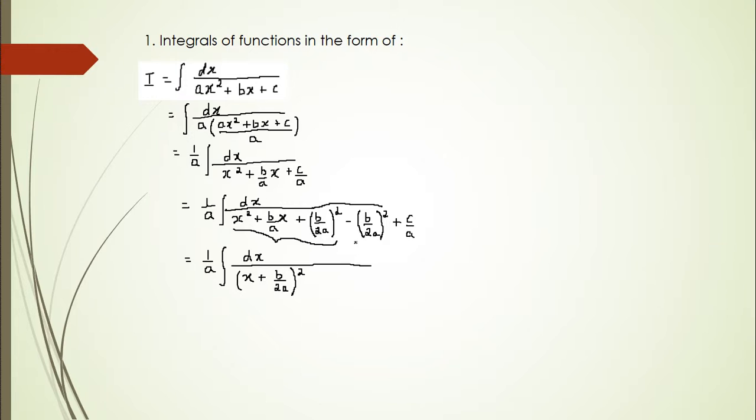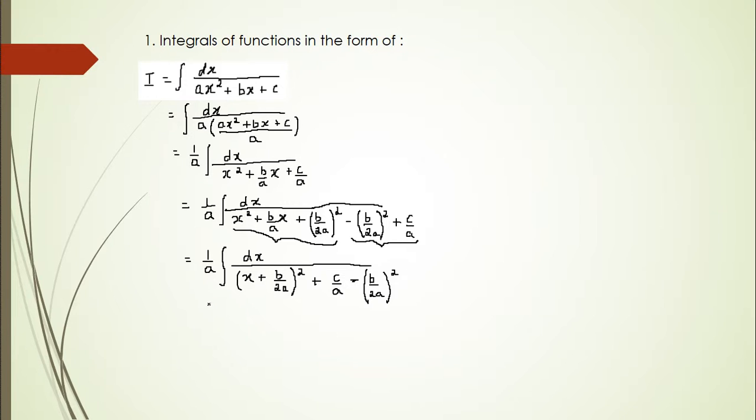right? And the remaining is this portion, so I can write it as plus c by a minus b by 2a whole square, right? Now the next step would be to take this x plus b by 2a as t.